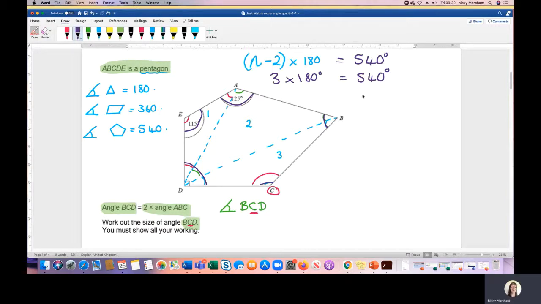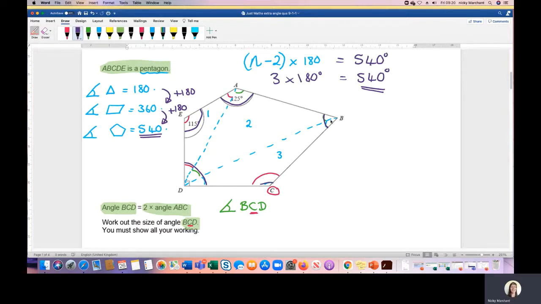So we've got our 540 total. You either have to work it out or pick it out from a list that you might be able to remember, or adding on 180 for every extra side you add to your shape, starting with the triangle.